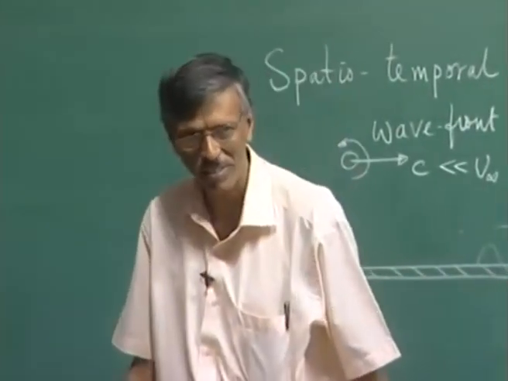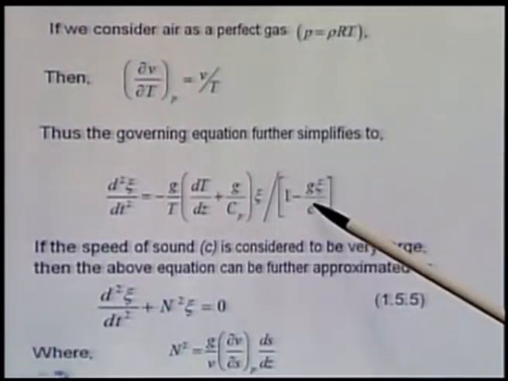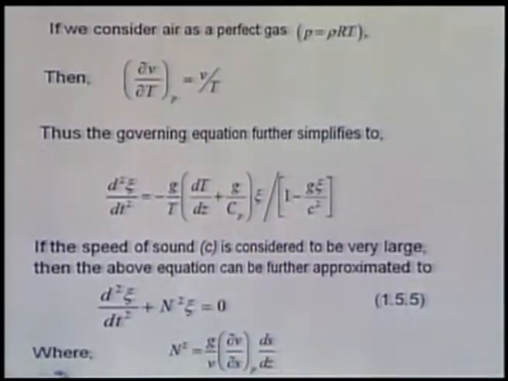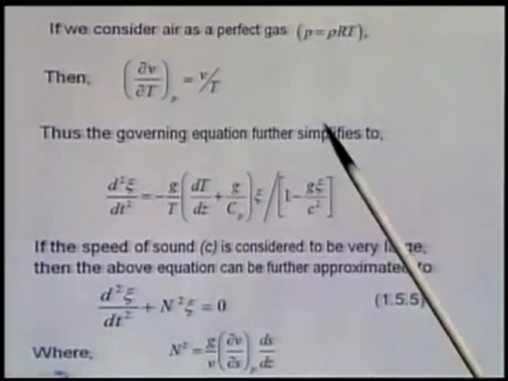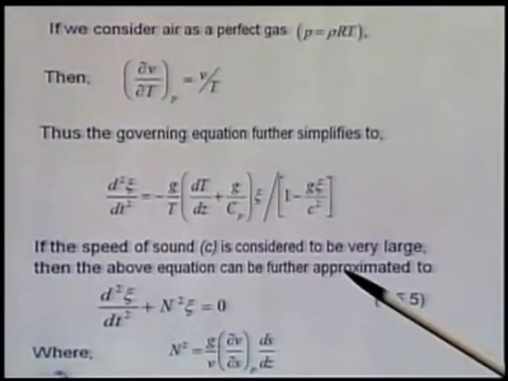If you do that, then you can perhaps omit this term, so that denominator becomes 1. Then you have an equation of this kind. Now, we have made some progress. It looks like a simple harmonic motion, except that this is not necessarily a constant; N squared is given by this expression.